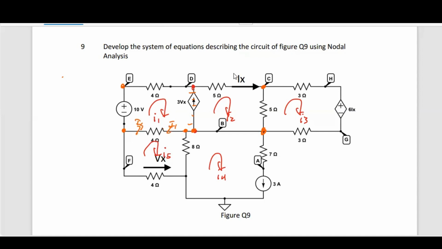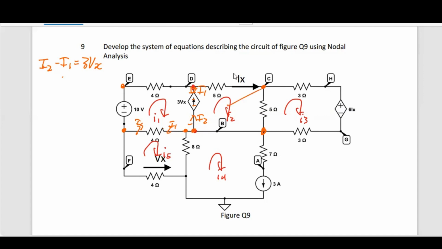Remember, you're drawing I1 and I2, and then you're back to where you started. And the link equation: I3, I2 going up, I1 coming down, so the current going with it minus the current going against it will equal 3Vx, by the dependent source equation.